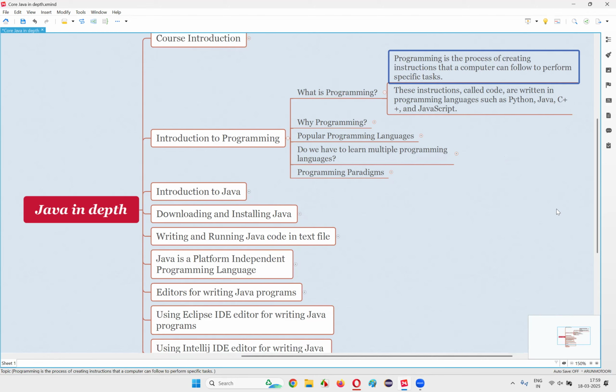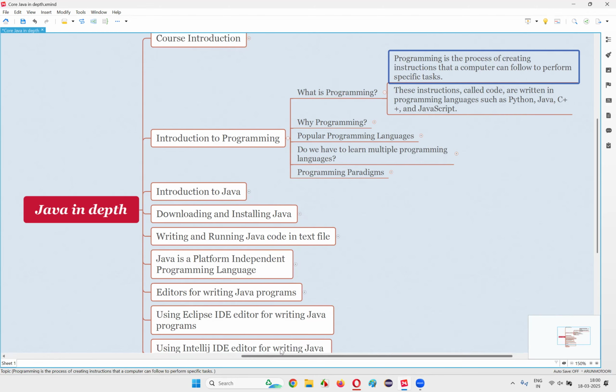Let's assume that I am the programmer or developer. I am writing some piece of code. That piece of code will act like instructions for the computer on which I am writing the code. The computer will understand the instructions, and according to the given instructions, the computer is going to perform some specific tasks.